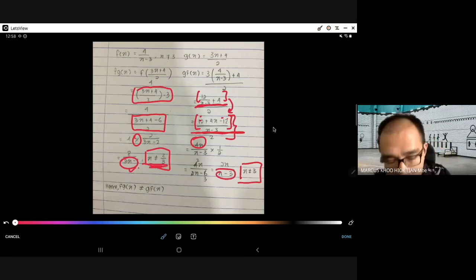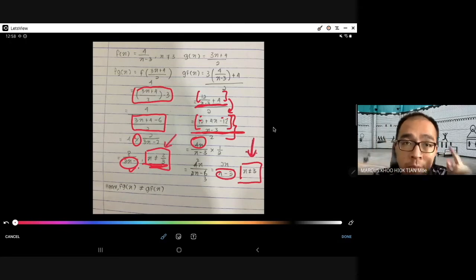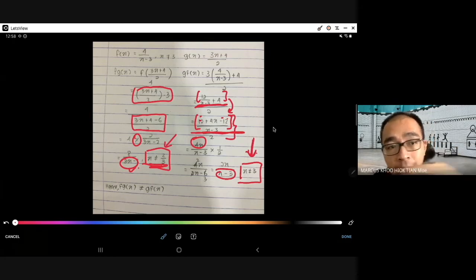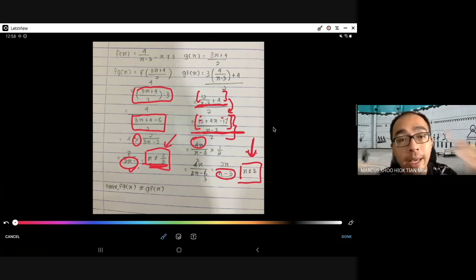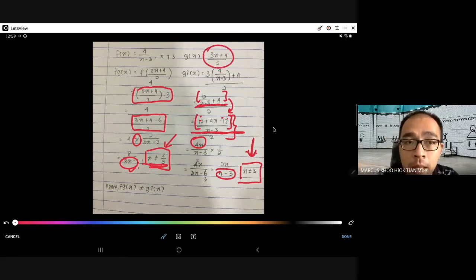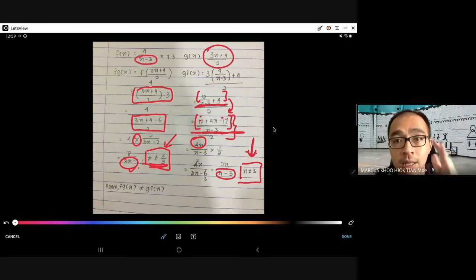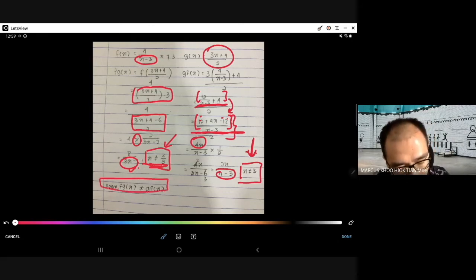Not all functions have this, but especially where functions have fractions and then there is an x at the bottom. If the x is on top, like this, you don't need to write anything, because the x is on top. The x at the bottom of the fraction is where the problem always happens, and we need to make a statement that x cannot be equal to this. Now, this is probably the only part where I made a mistake.